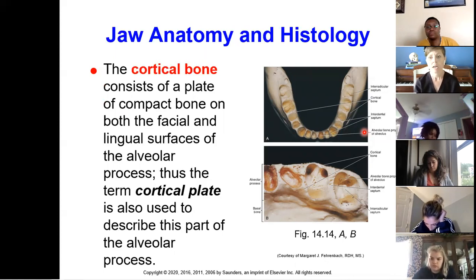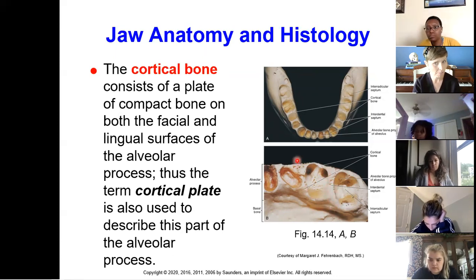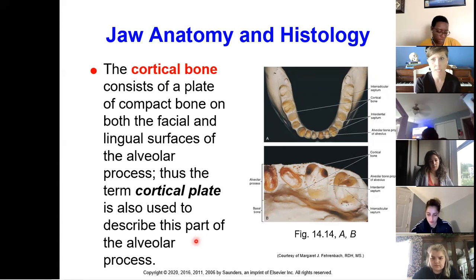All right. So your cortical bone will be here, and you can see that the cortical bone is thinner than this bone down here, or even in the middle here. And this is called your interdental septum, the bone in between your teeth. And then in between two roots or three roots is your interradicular septum, but we'll get into that in a minute.